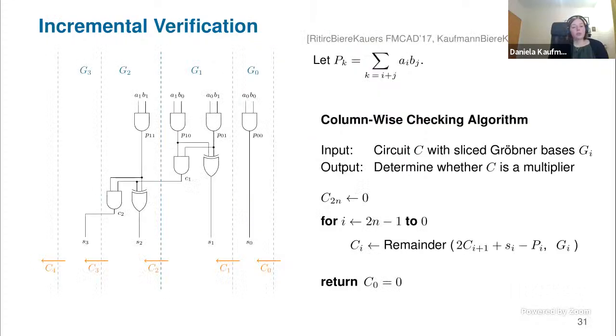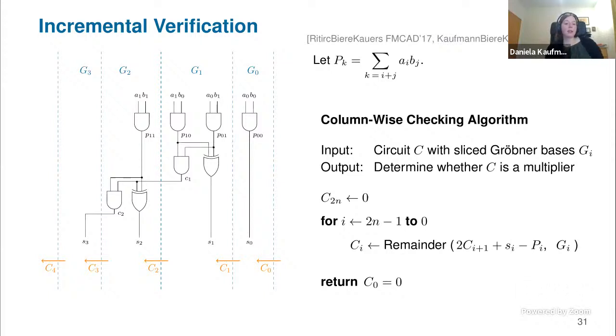The first idea which we are using is that instead of taking the complete specification and doing these reduction steps, we do an incremental verification algorithm where we cut the multiplier into slices and then incrementally verify the correctness of each slice.